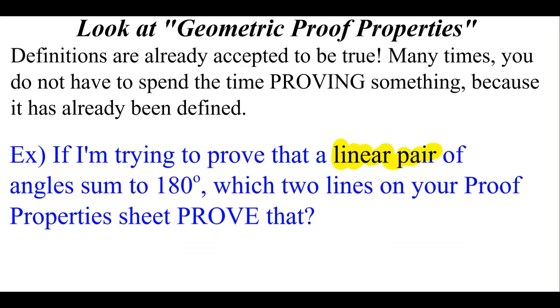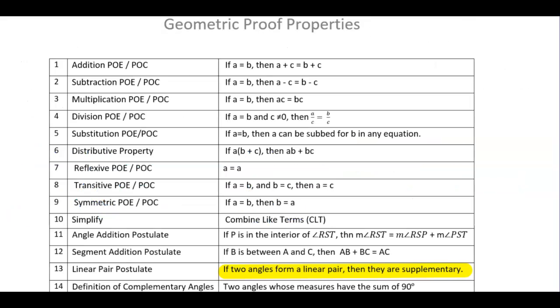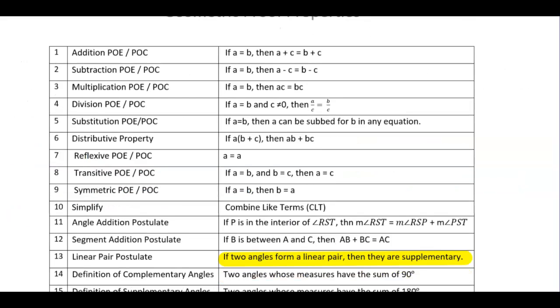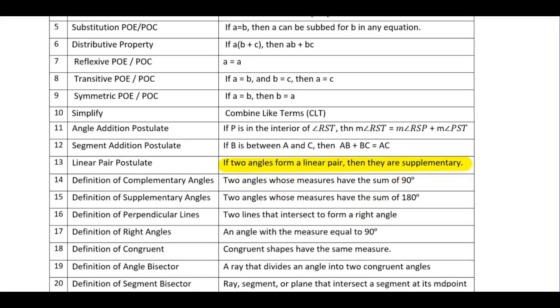Well, that's nice, but I don't want to prove that they're supplementary. I want to prove that they sum to 180. So next, what you can do is find the definition of supplementary. It says the definition of supplementary angles is two angles whose measures have the sum of 180 degrees.